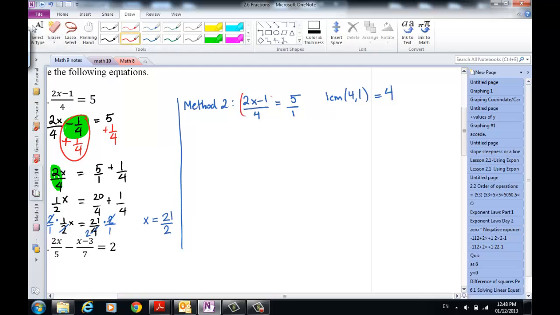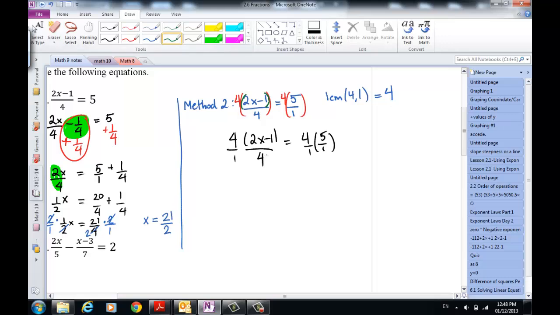So if I multiply both sides by 4, you might right now want to put this top piece in brackets. With this question it's not going to matter so much, but maybe get into the habit of it. So what I really have here is 4 multiplied by 2x minus 1 over 4 is equal to 4 times 5.